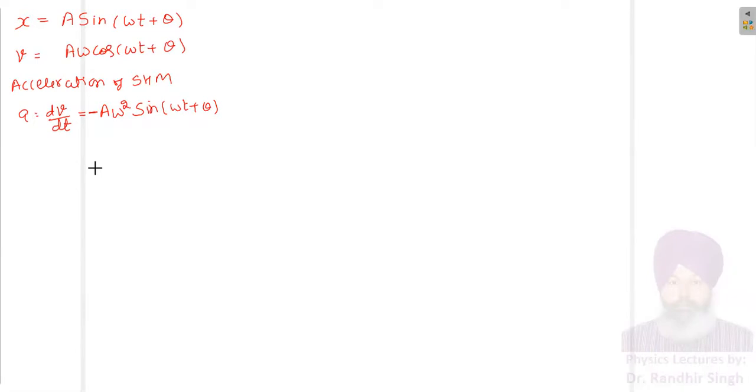And since this is a minus sign, we can write it like this: a omega square sine of omega t plus theta plus pi.